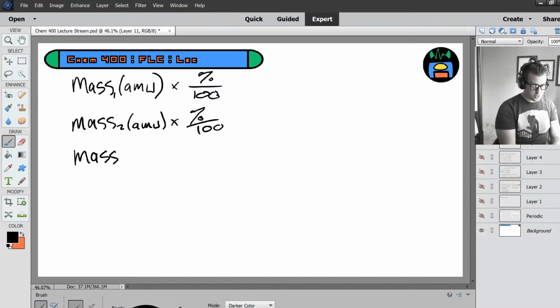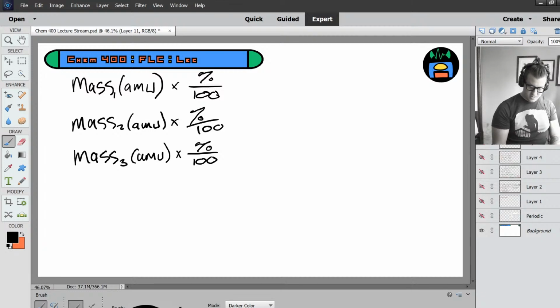For some elements, there's only 2 naturally occurring isotopes. Some have 3, some have more. But however many you have, you multiply each one by its percent abundance over 100.